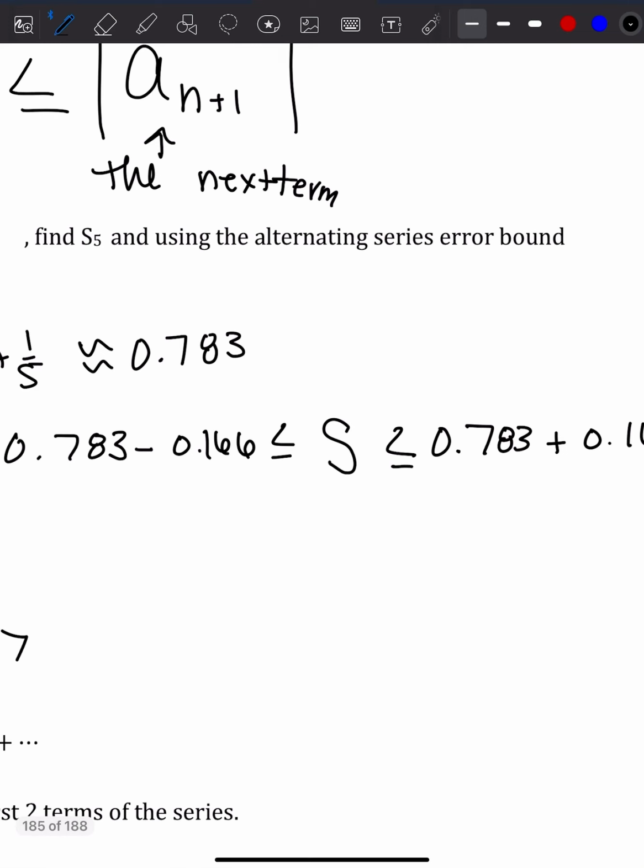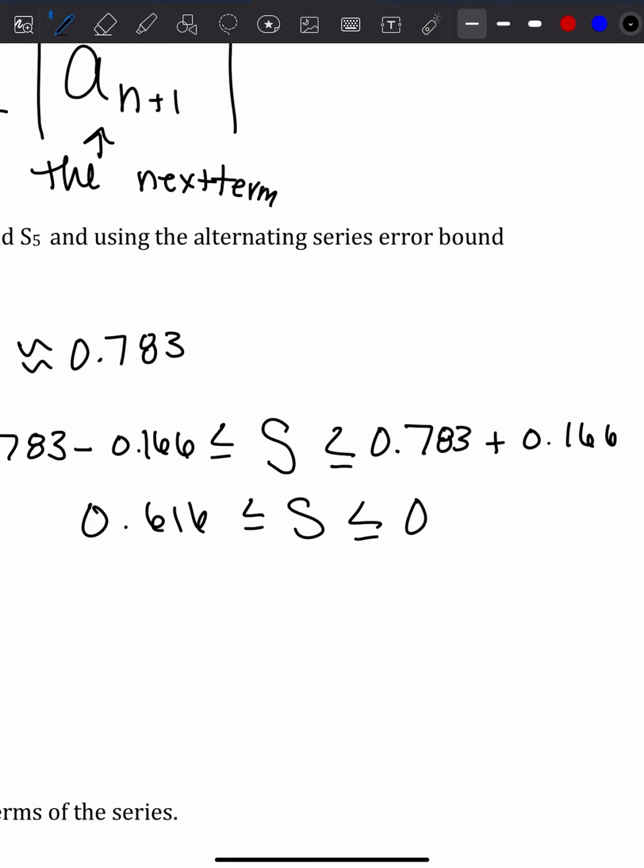Okay, if I simplify that, we're going to get 0.616 less than or equal to S less than or equal to 0.94, but it's pretty much 0.95 because they both repeat on forever. So we're going to go 0.95.